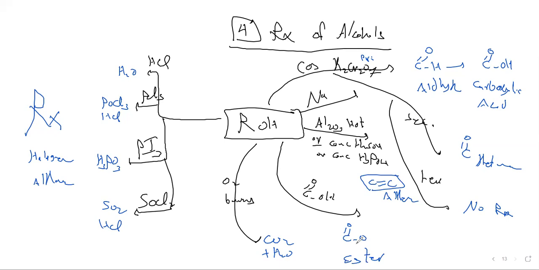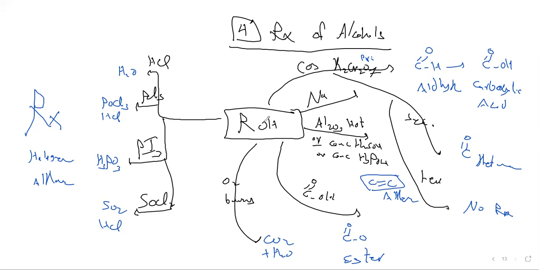So again, alcohols can react with HCl, PCl5, PI3, SOCl2. All of them will produce halogen alkanes, but HCl gives halogen alkane and water. PCl5 gives halogen alkane, POCl3 and HCl. PI3 gives halogen alkane plus H3PO3. SOCl2 produces halogen alkane, SO2 and HCl.